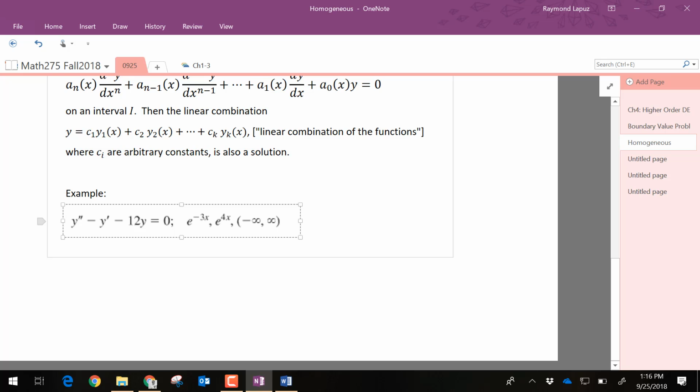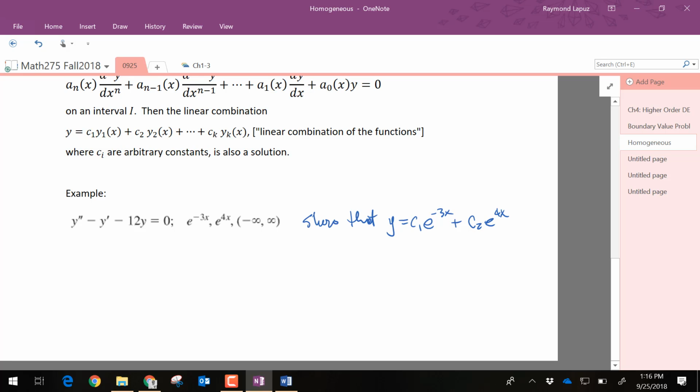So they say that e to the negative 3x and e to the 4x is a solution for this differential equation. Okay, let's just trust that that's correct, that it's true. And so let's actually show that y equals c1 e to the minus 3x plus c2 e to the 4x is also a solution.